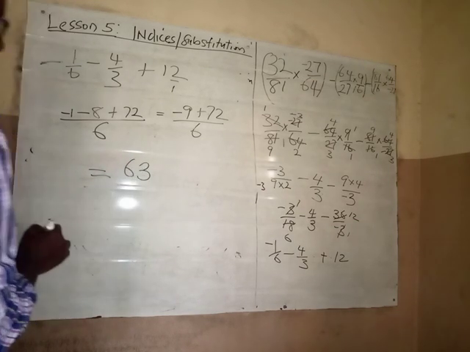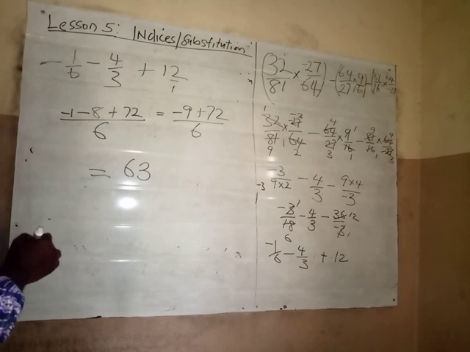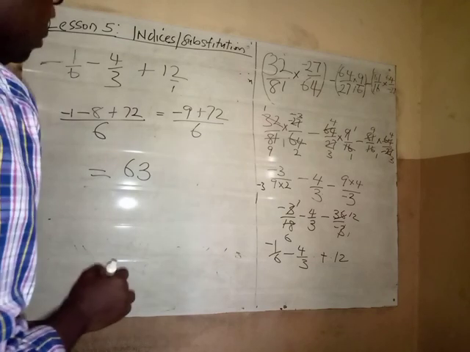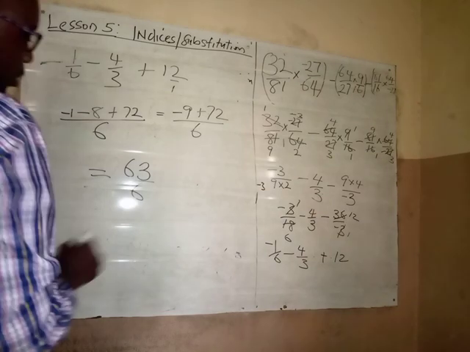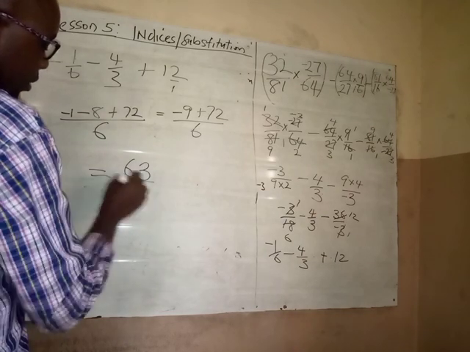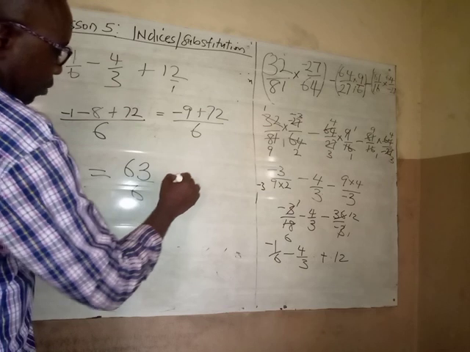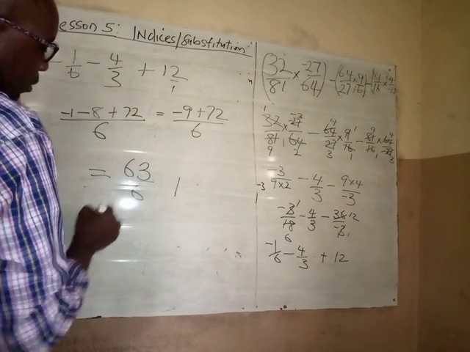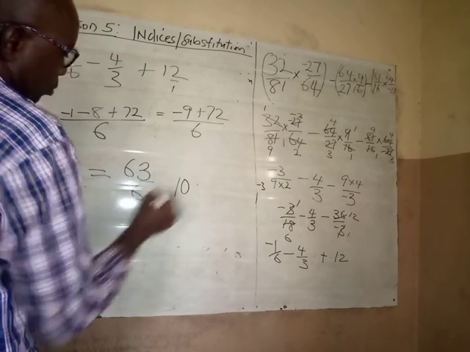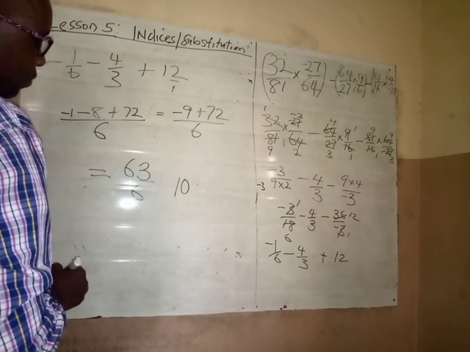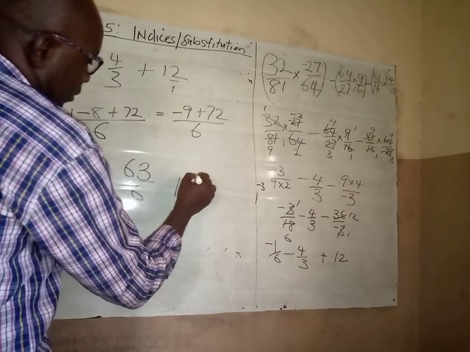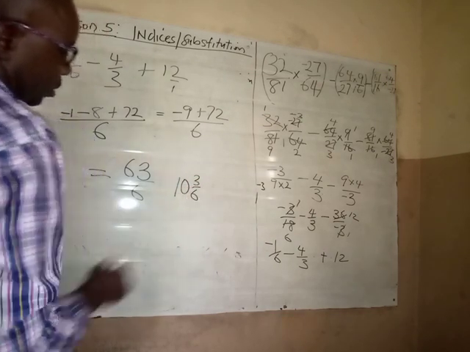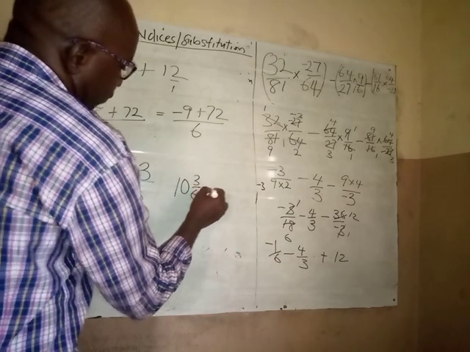Plus 63 over 6. 6 divided by 63 will give me 10, remainder 3. 3 over 6, you can further simplify.